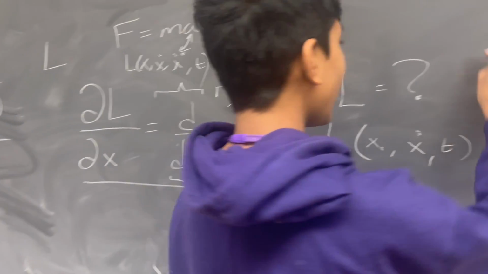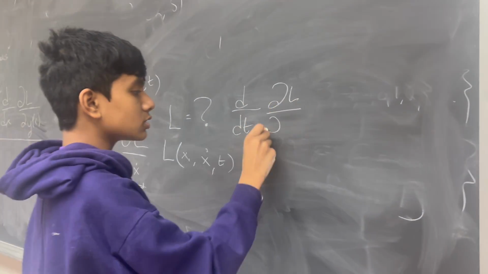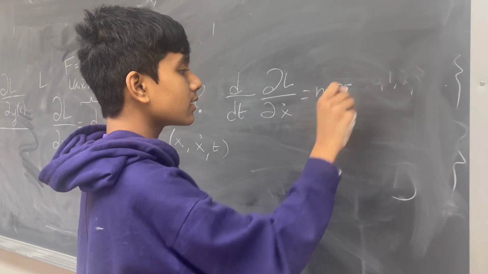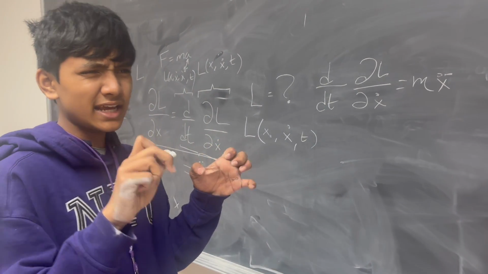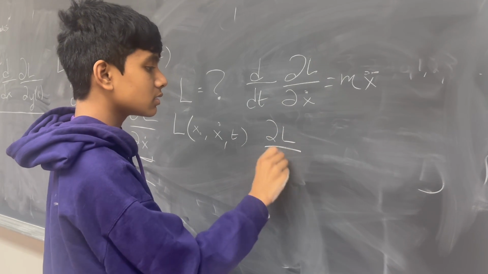In other words, we have to make sure d dt, partial L, partial x dot, is m x double dot. And that can be made pretty easy by just integrating with respect to time on both sides.